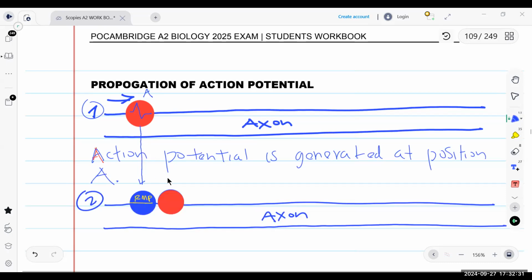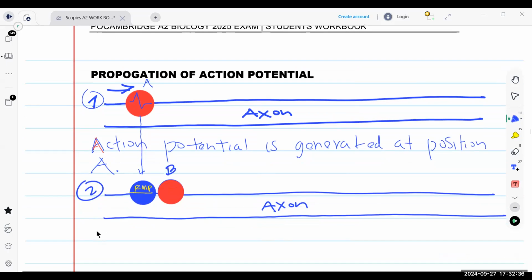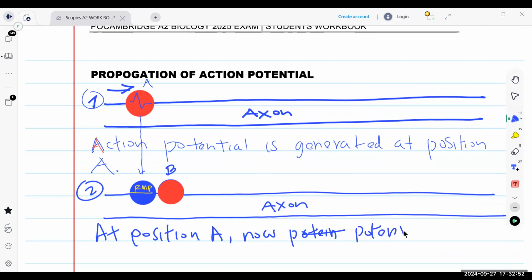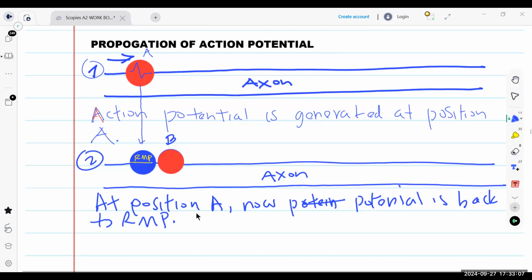Now it's position B. At position A, now the potential is back to resting membrane potential.